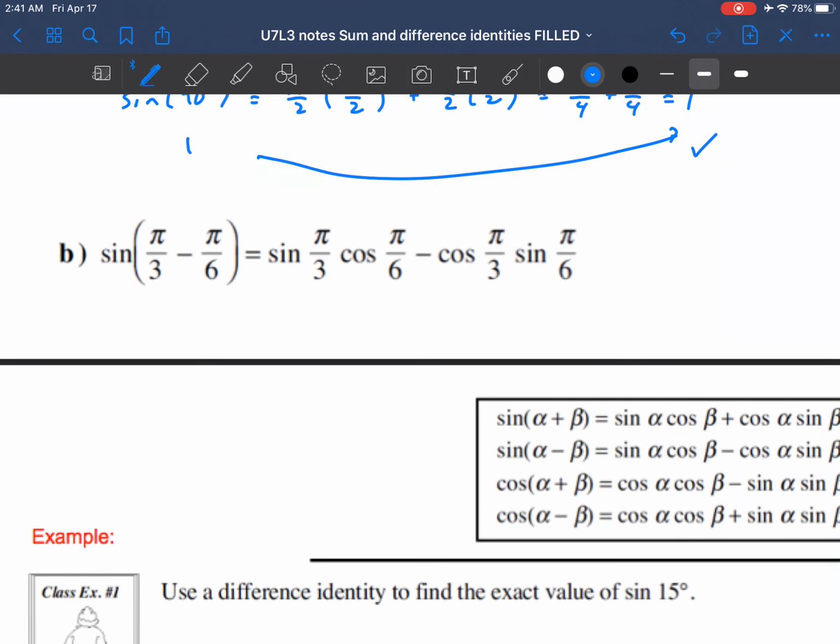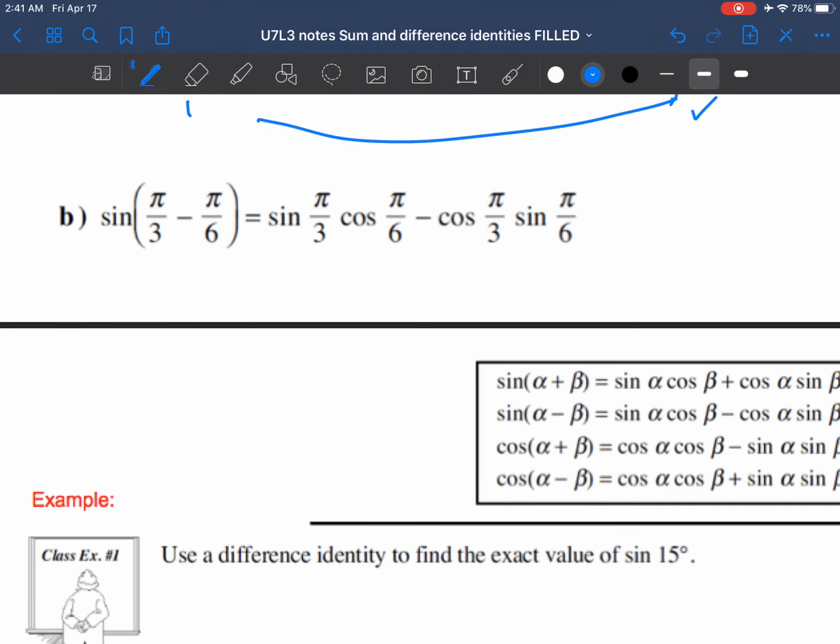Now if we look at radians, let's see, sine of pi over 3 minus pi over 6. If I convert to sixths, this is 2 pi over 6 minus pi over 6, and that's the sine of pi over 6, which is 30 degrees, and the sine of 30 is a half.